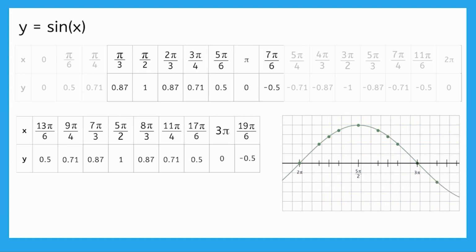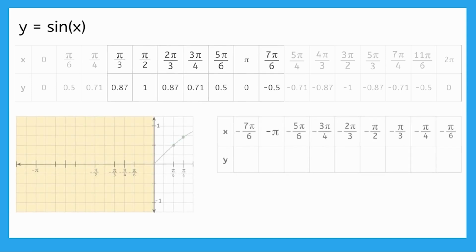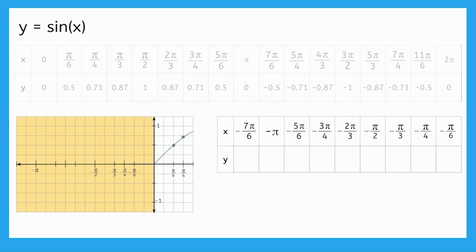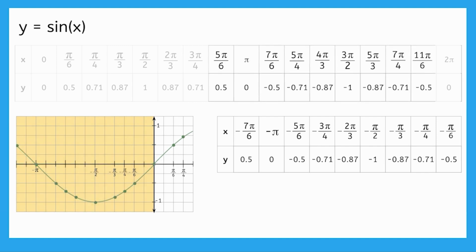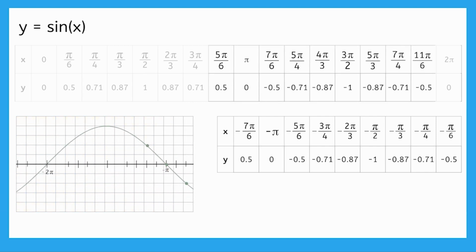And what about values beyond those in the table? Well, the repetition continues infinitely. And what about on the other side? What does the graph look like when x is less than 0? Well, this same pattern continues forever in both directions.